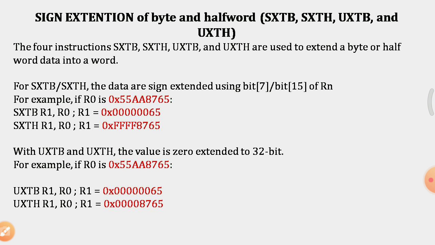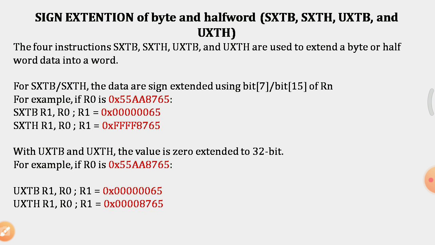So say for an example, SXTB and SXTH. So here these are used to extend using the 8-bit or 16-bit of Rn value. Say for an example, R0 is going to be loaded with 55AA8765. When we execute SXTB R1, R0, R0 is having one value.